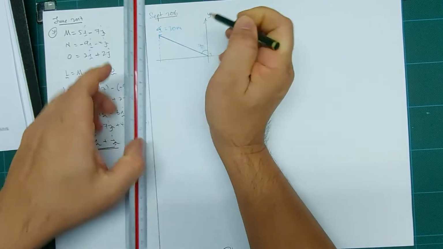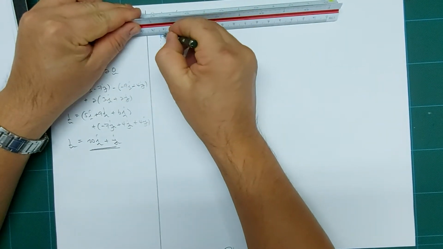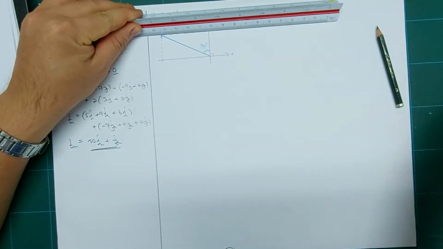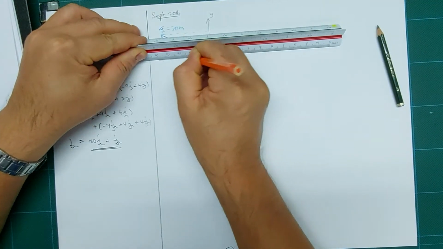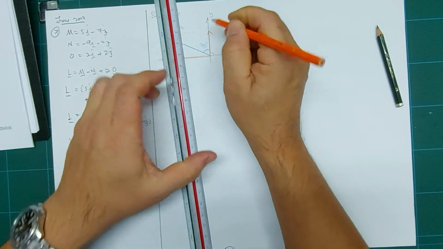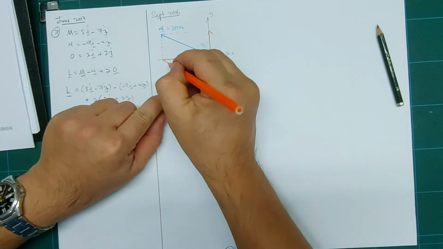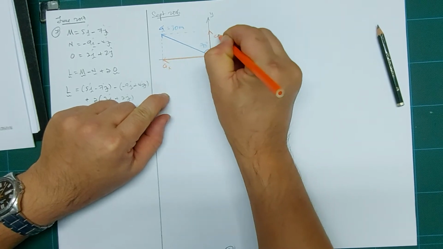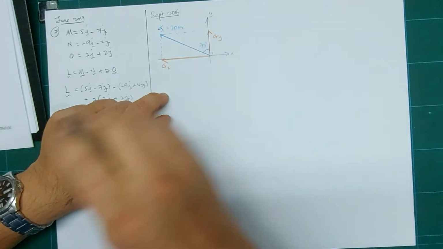So we simply resolve the vector. Let's call this one QX, and this one will be our QY. Sketch ready.